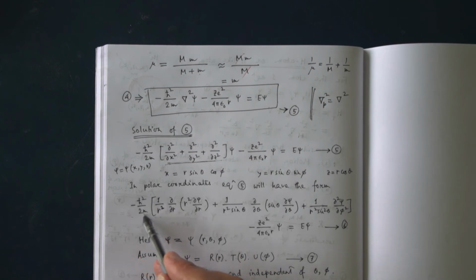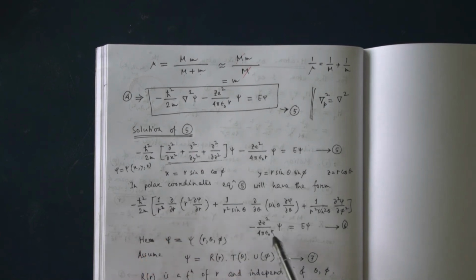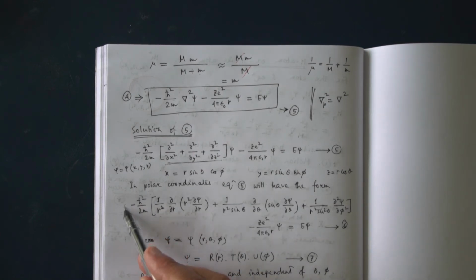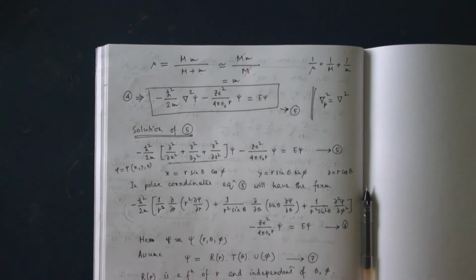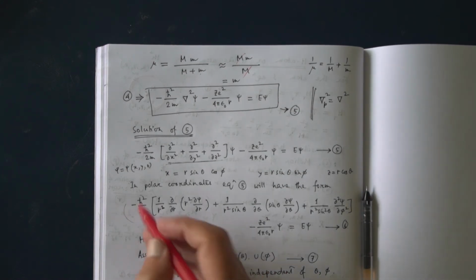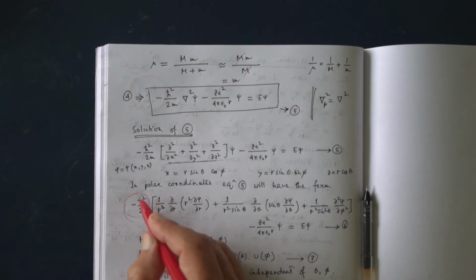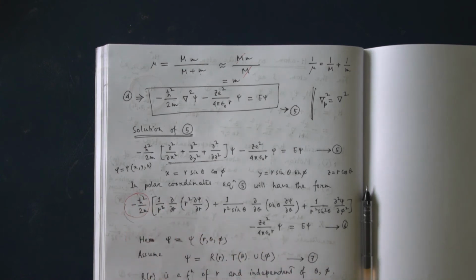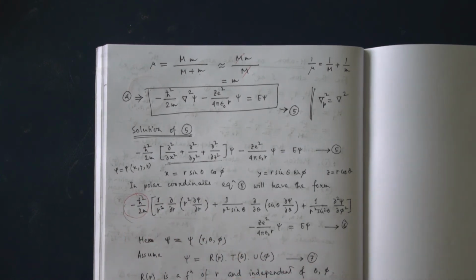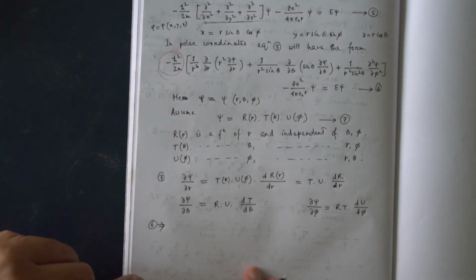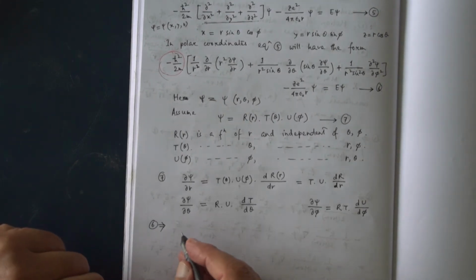If we divide both sides by this, I will write by doing this simultaneously.